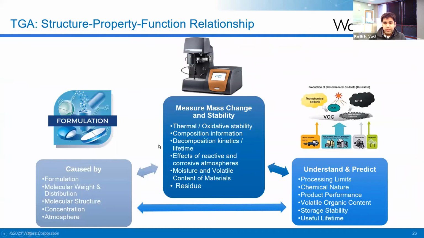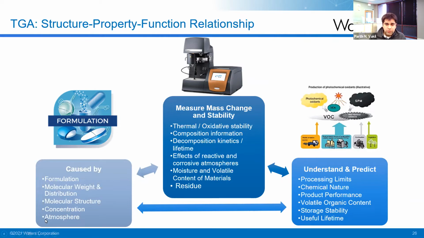So the reason why people use a TGA, again, going back to the structure function property relationship, is that a TGA can give you insight into the structure of a material, the composition of a material, and how stable the system is going to be upon heating.